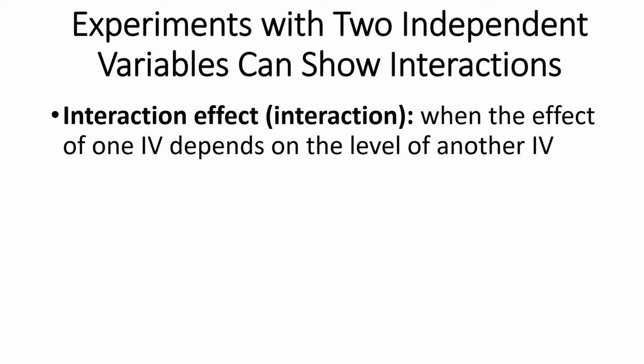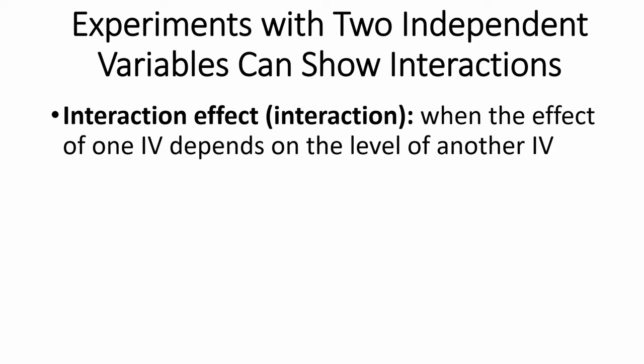So we're seeing an interaction between 2 independent variables so that we can determine what's going on between the 2 of them. So what we see in a particular situation will depend on the level of both independent variables. So we are considering 2 independent variables that are driving this observation that we're making.